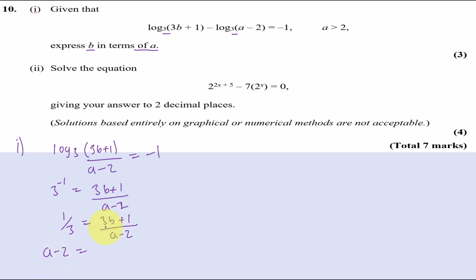Remember, we have to multiply everything by 3, so that becomes 9b plus 3. Can we rearrange that to get b in terms of a? So that means we want b to be the subject. So we're going to get 9b equals a minus 5. So b equals a minus 5 over 9.